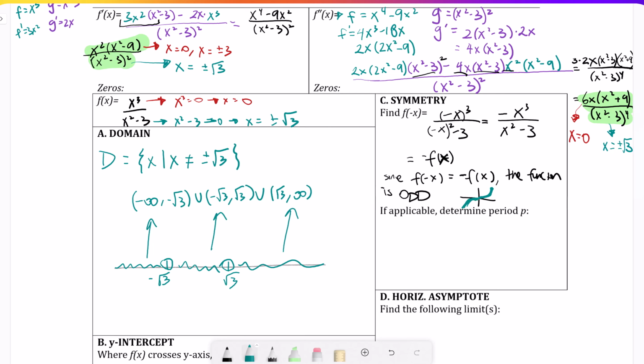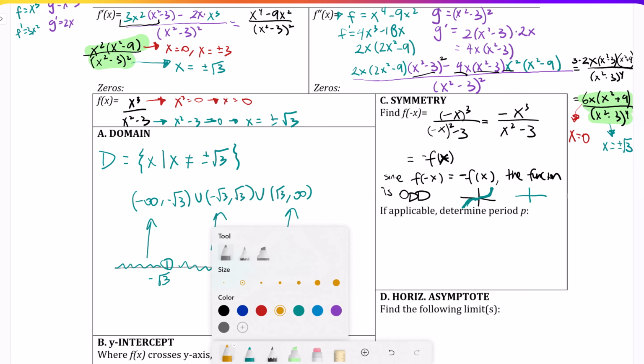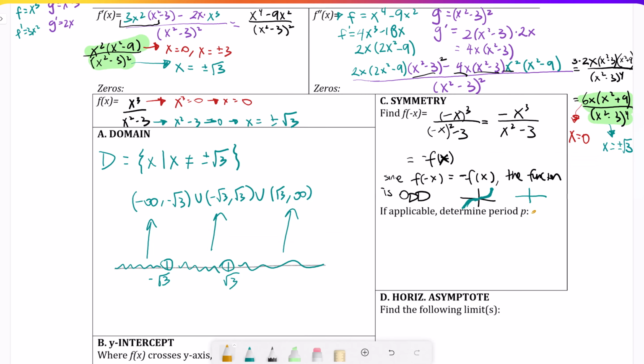The other type of situation could have been if we found f of negative x and we saw that that was equal to f of x. That's what we call an even function. So even is when f of negative x equals f of x, and that's going to be something like this. What's a typical even function? X squared.